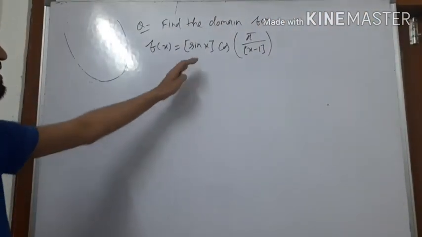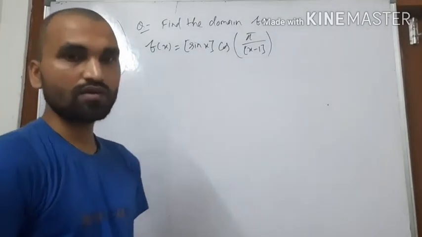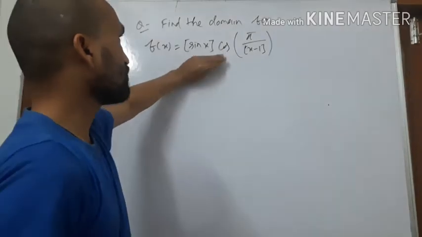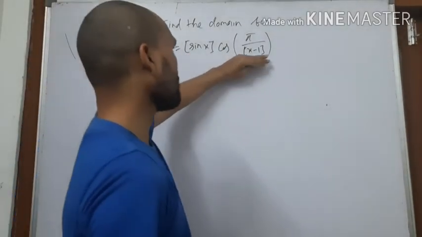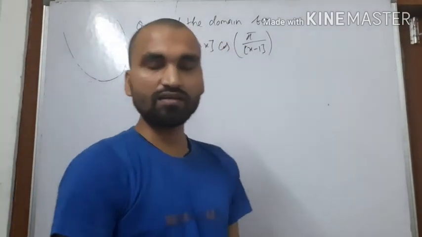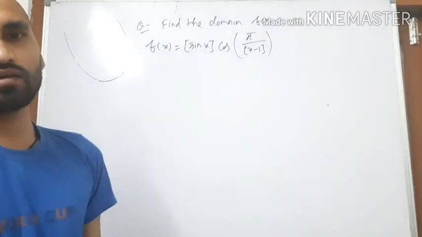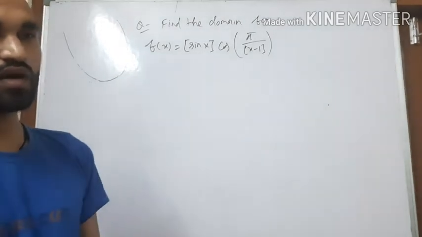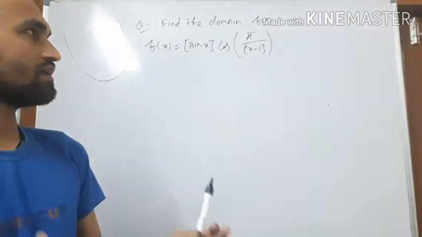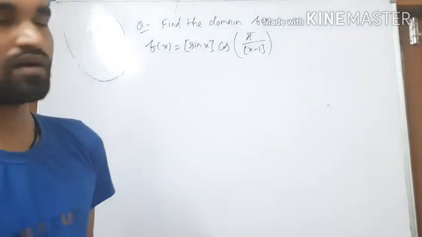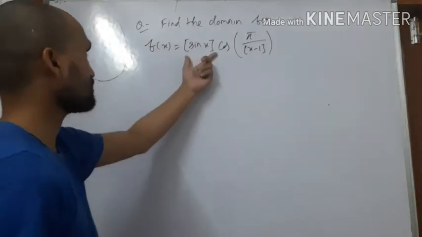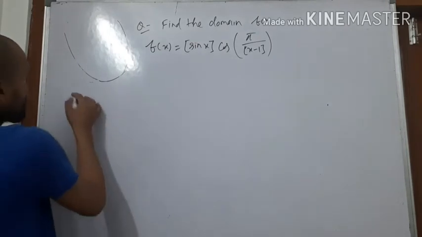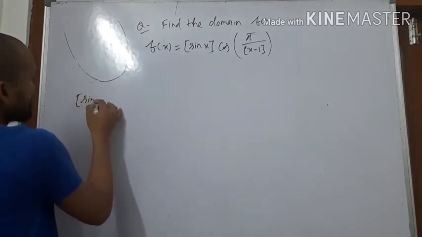Now, as this function is a multiplication of two separate functions, we should find the domain of this and of that, and finally take the intersection of both functions' domains, then the result for the combined function will be obtained. So first of all we take greatest integer sin x.